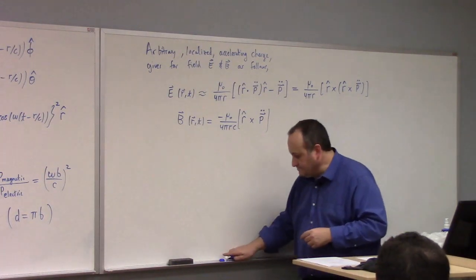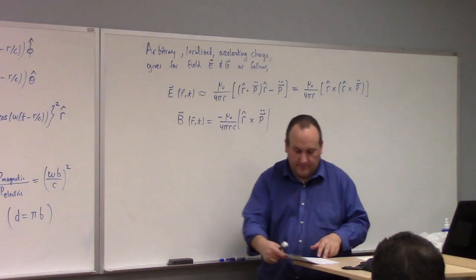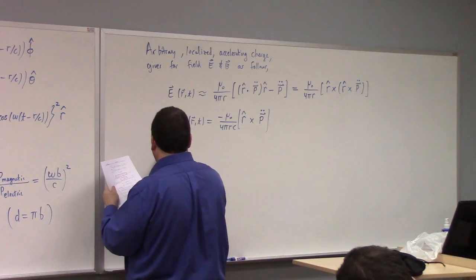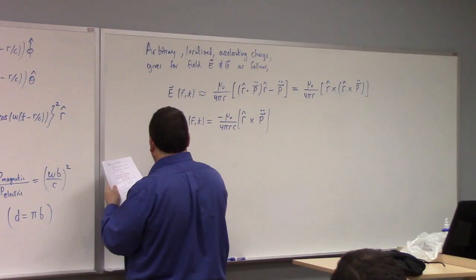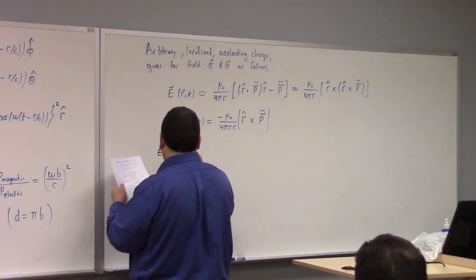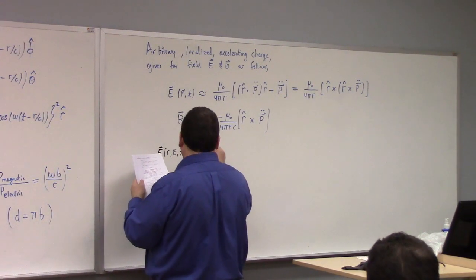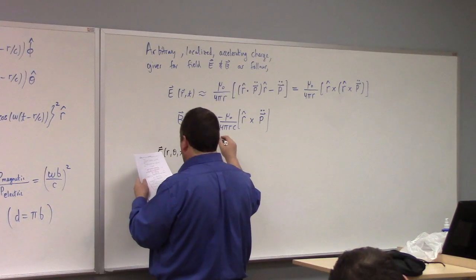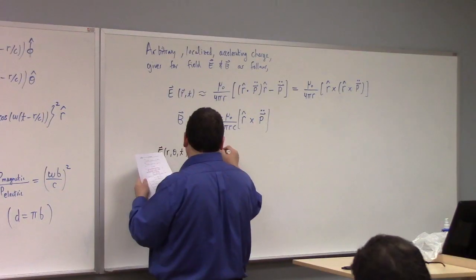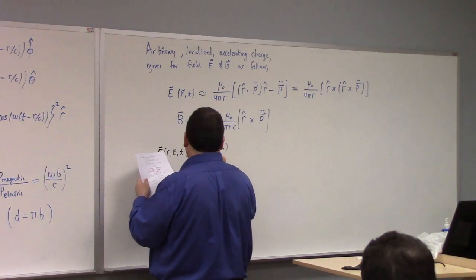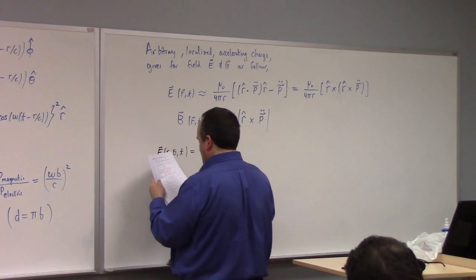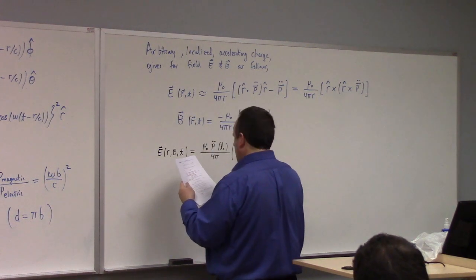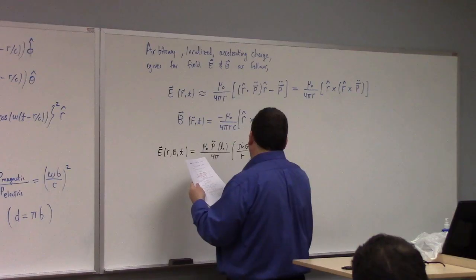In particular, E, which is a function of r, theta and t, is mu naught, thankfully, the magnitude of the dipole moment, so p double dot of t naught, divided by 4 pi, times sine theta over r, theta hat.